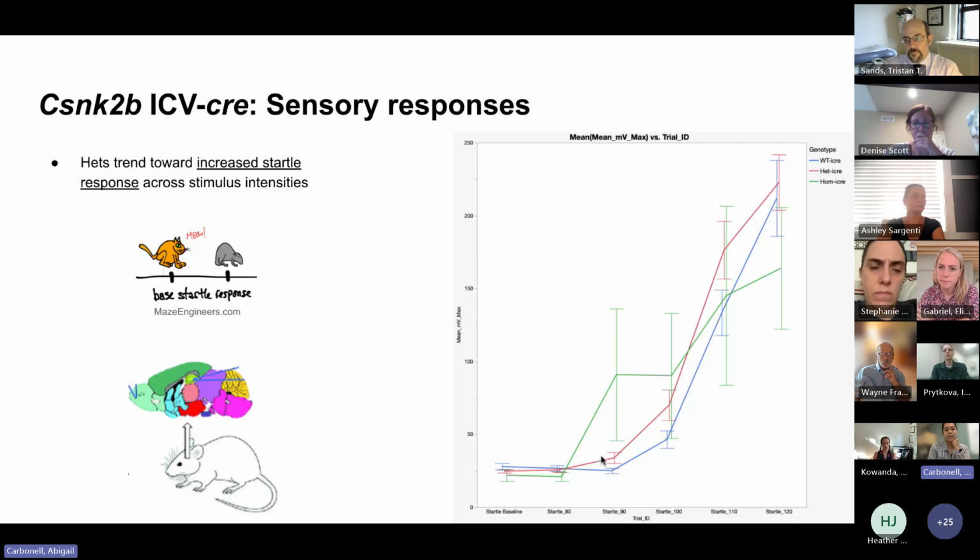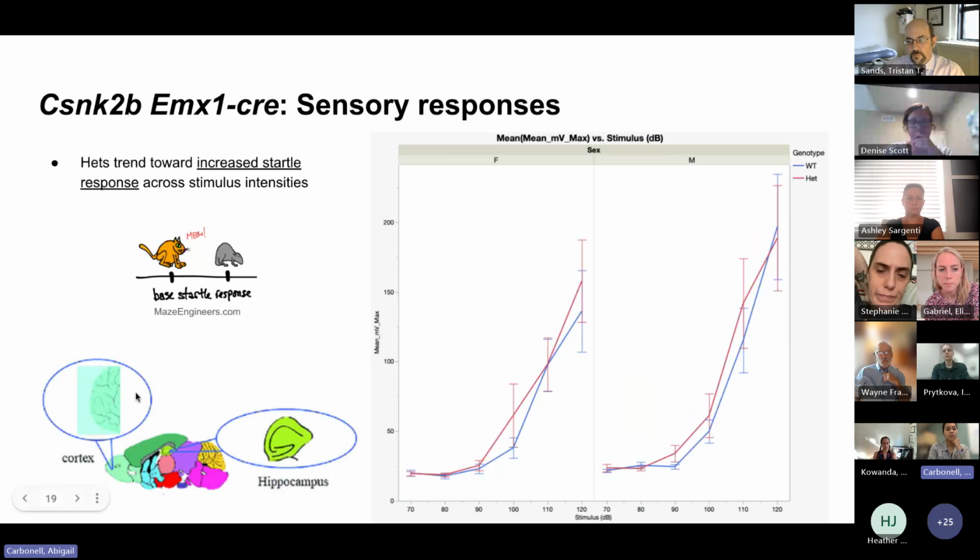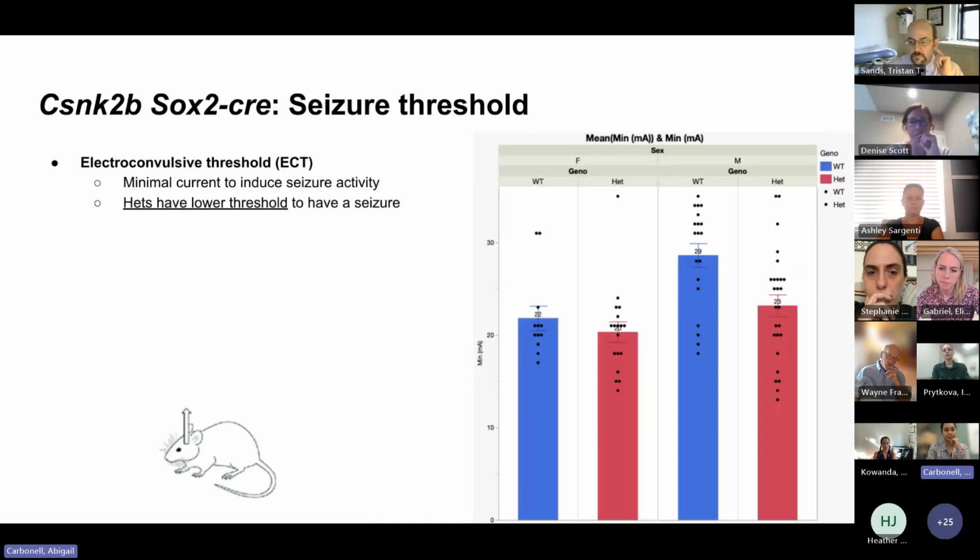We see that this is hyper exaggerated in our mice, and that's shown in the red tracing here. So an exaggerated sensory response. We see that too when we target CSNK2B in the cortex and hippocampus, areas that are involved in this response and sensory modulation.